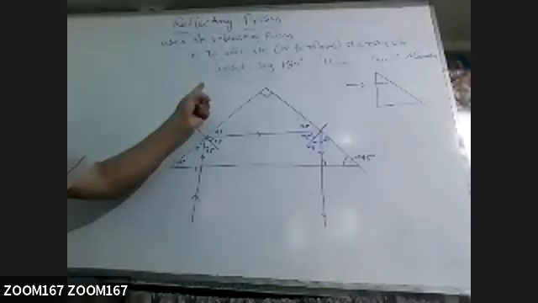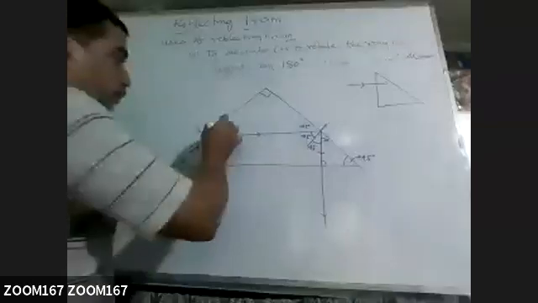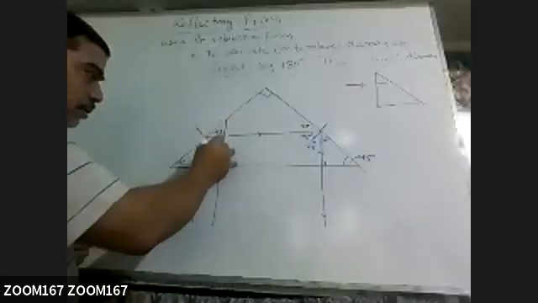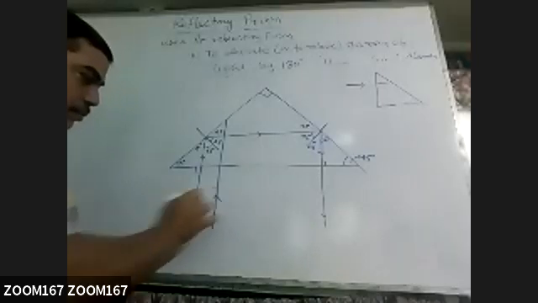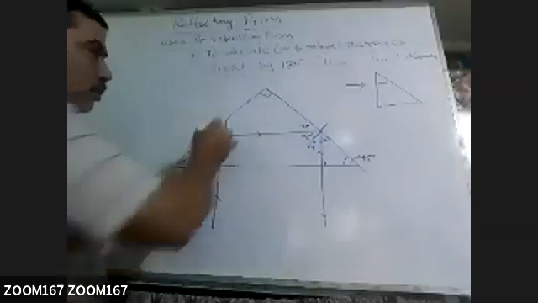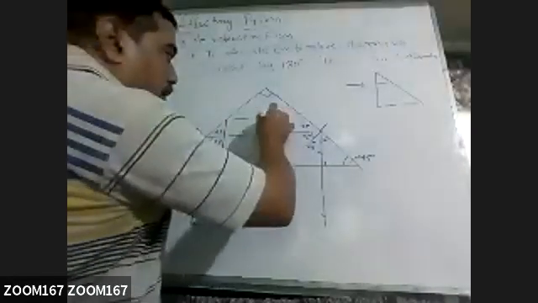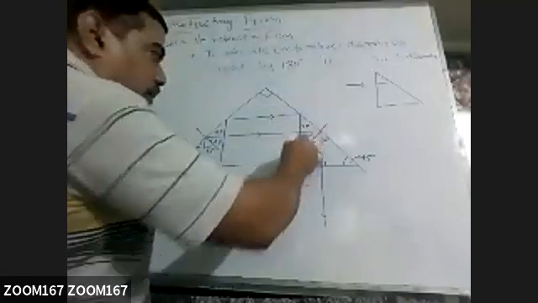The ray was going vertically upward. Now finally it is coming vertically downward. So the total rotation is 180 degree. In place of this, if it is an extended object, and this is also reflected, this will be reflected like this.